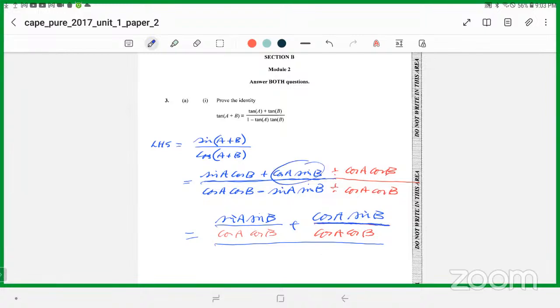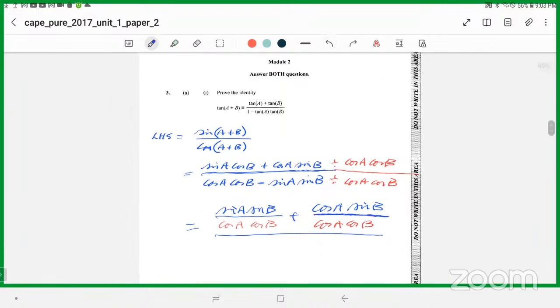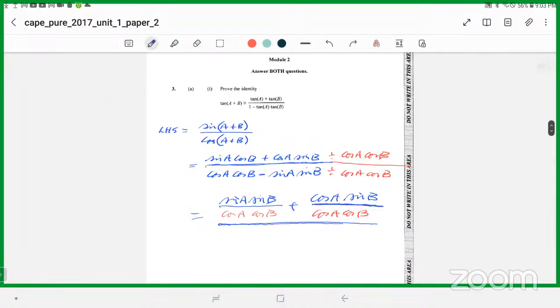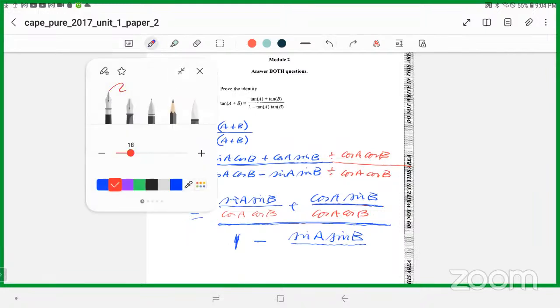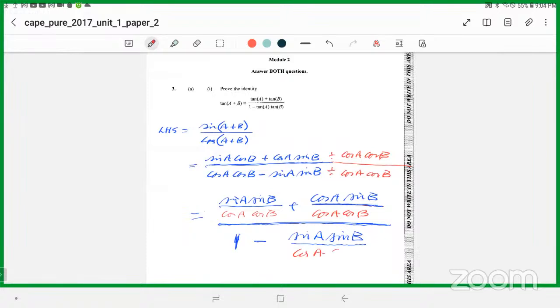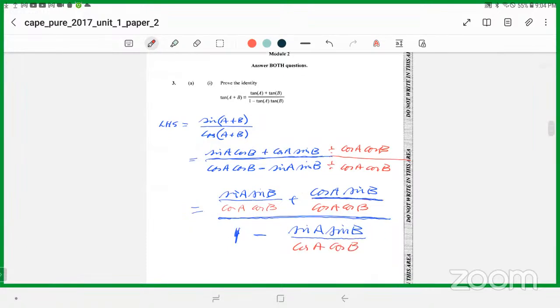That's this one I've divided by that. On the denominator, this divided by itself is 1. So we get 1 minus this over that, sine A sine B over cos A cos B.